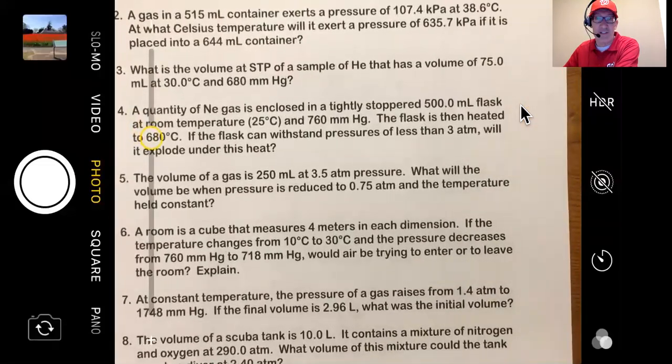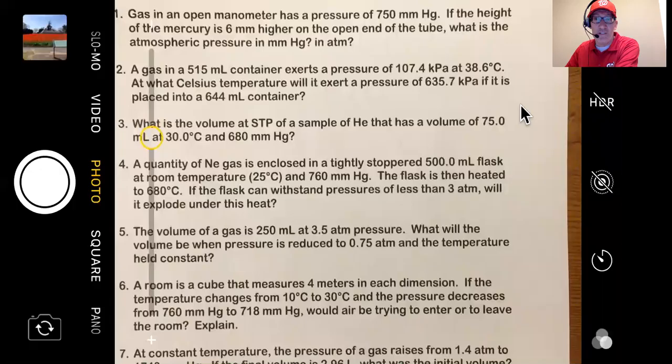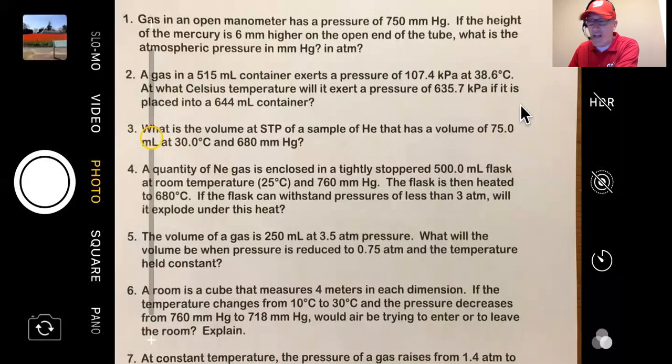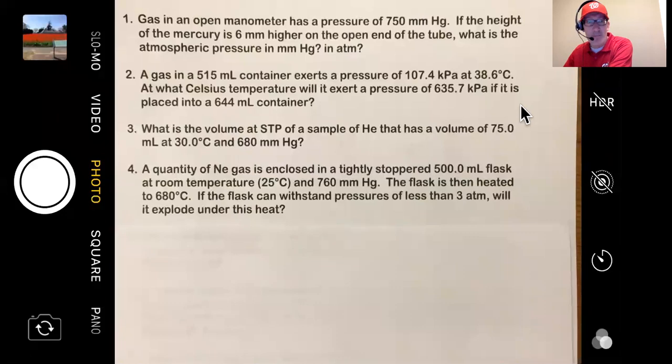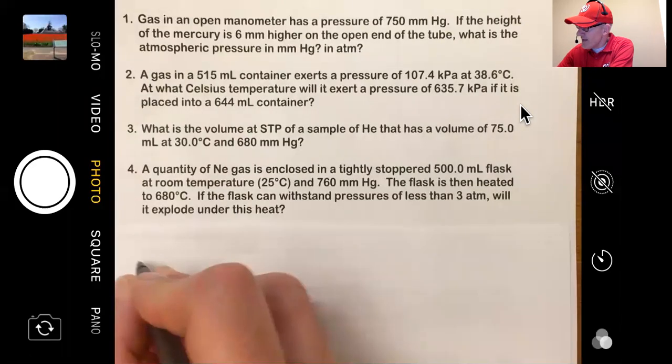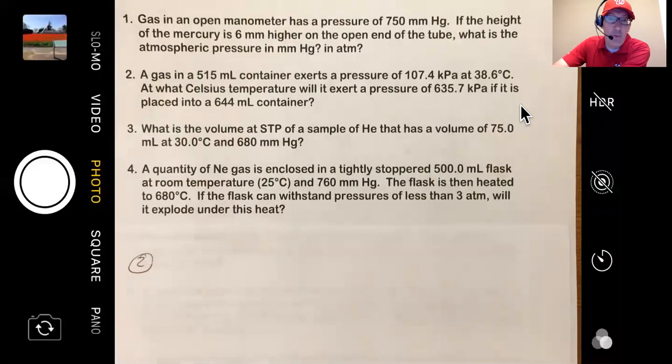I'm going to zoom in just a tiny bit. If you did the video notes from the other day, these should look similar. You're going to basically just write down the information and get to work. So with that, I'm going to stop the recording and stop talking and give you an opportunity to work.